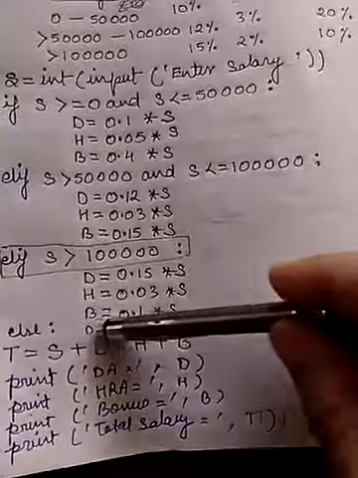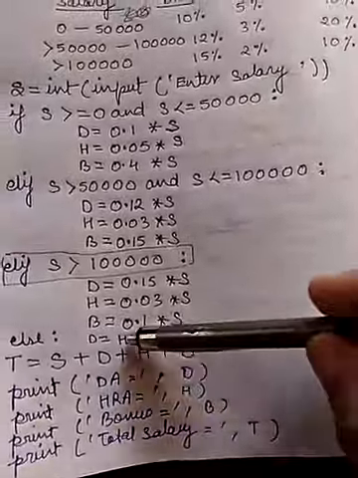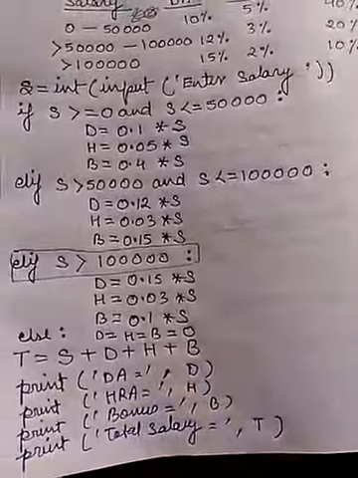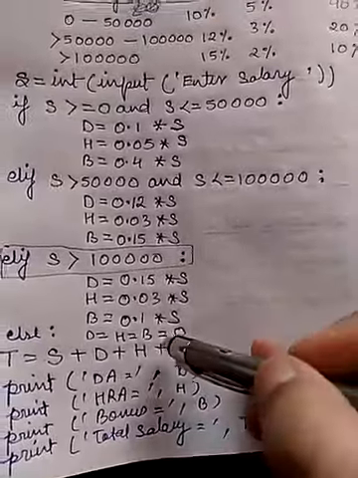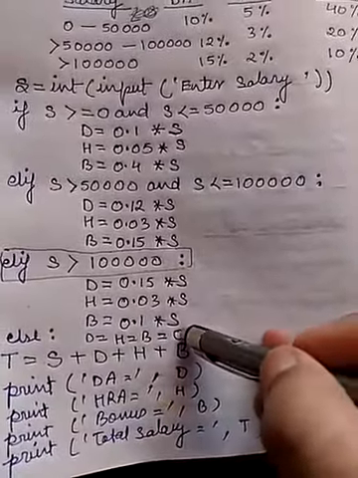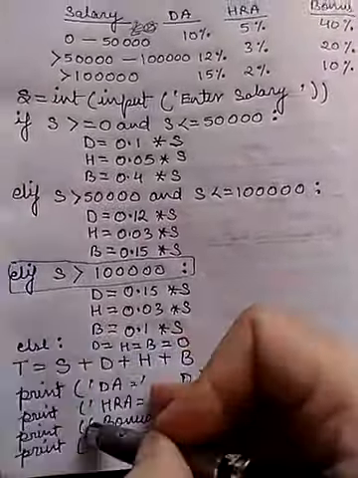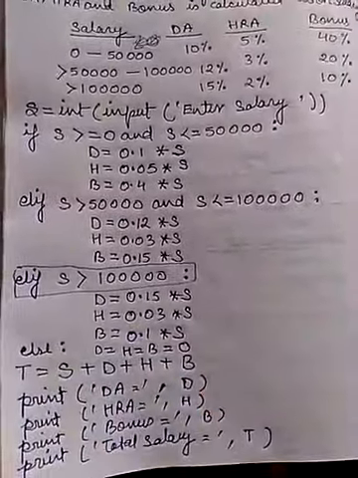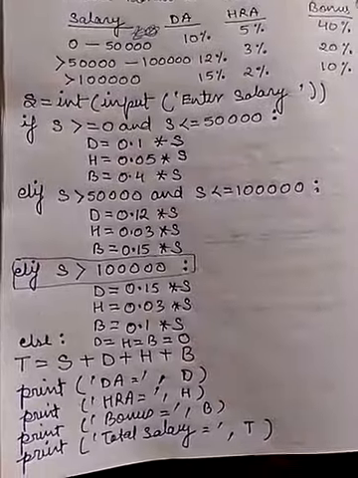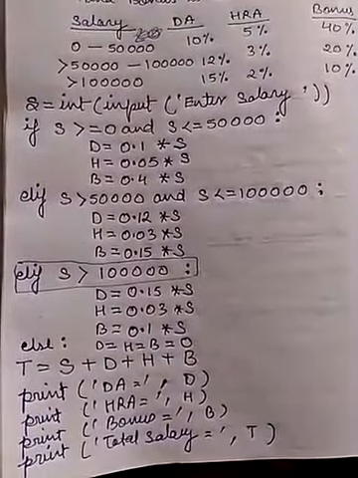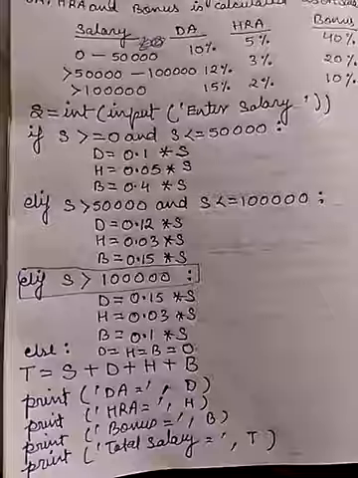You can write all three statements in this part as we have discussed earlier. This is a property of the assignment operator. If you put 0 here, then the 0 will be assigned to B, H and D. So in this way you will calculate the salary if the user entered any negative value as a part of salary.